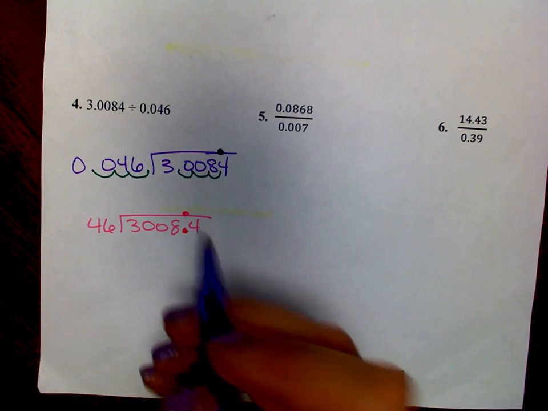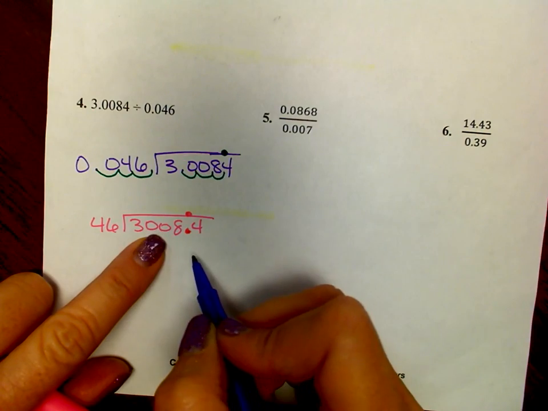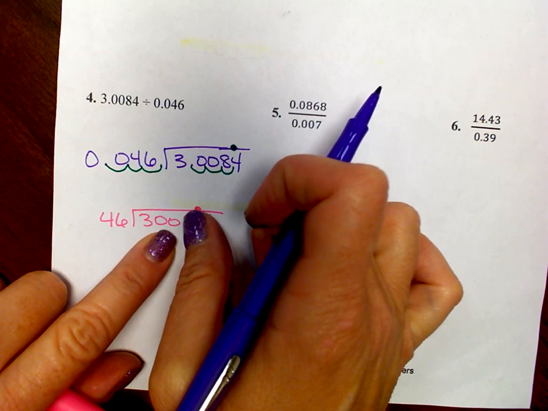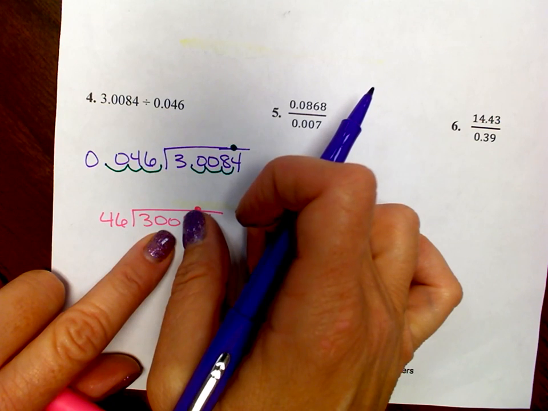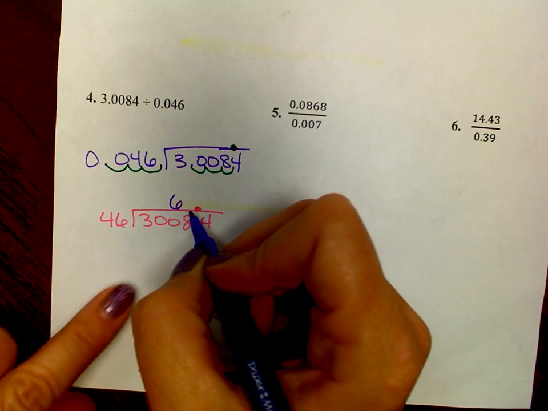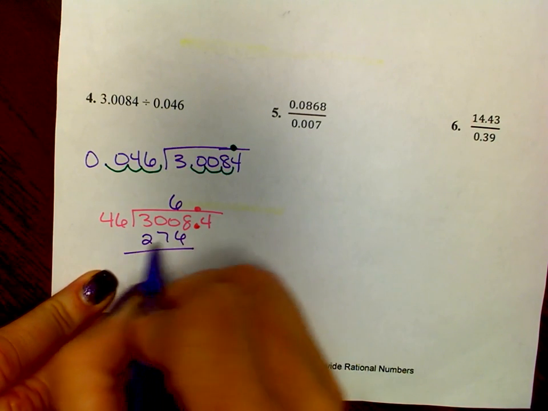So now 46 can't go into 30, so can it go into 300? And how many times can it go into 300? It can go in there 6 times. 276.